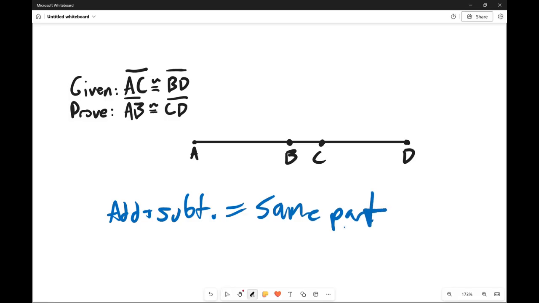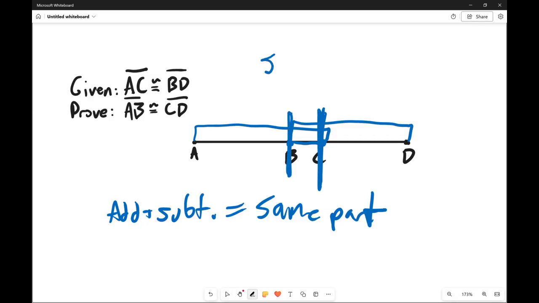So the same part in this case is this line segment BC. So we know that AC and BD are the same, and then this part is like a common thing in both of them. Sorry, I'm not really wording well today. If we subtract the BC from AC and the BC from BD, then it would be the same because this is the same line segment. So this is subtraction.